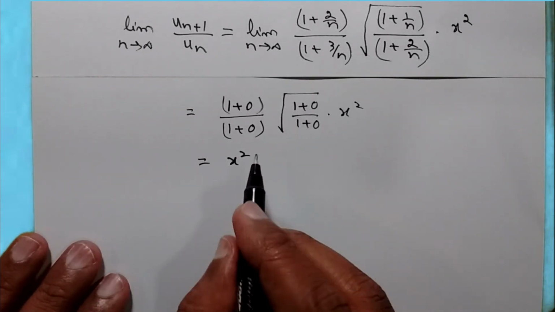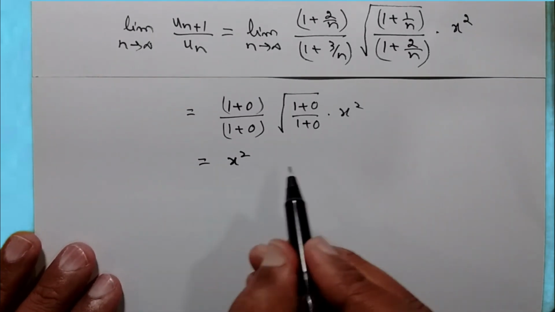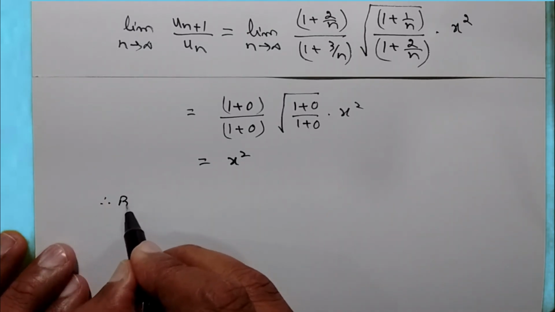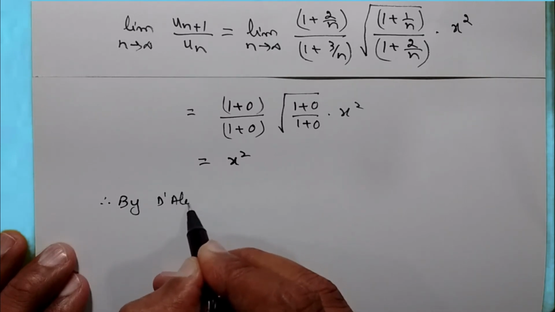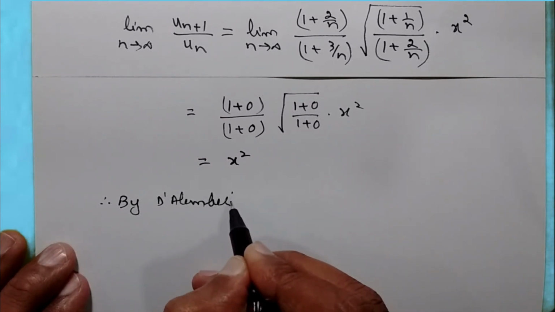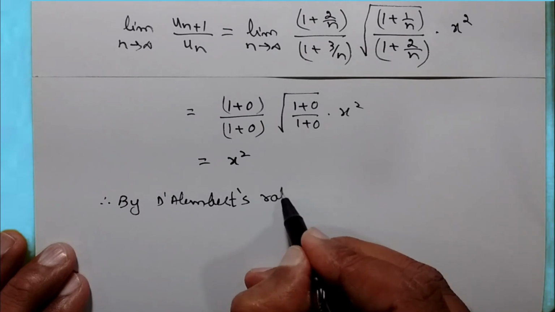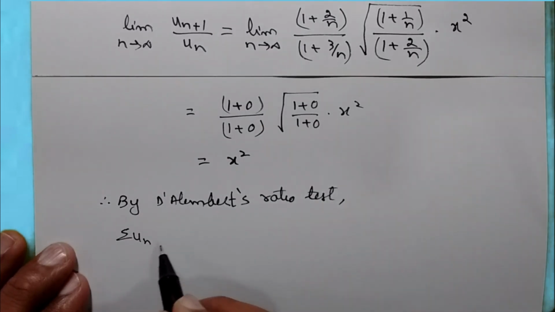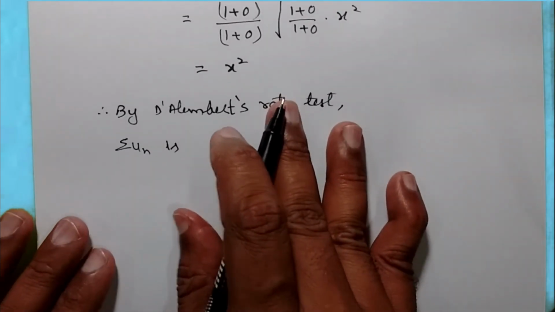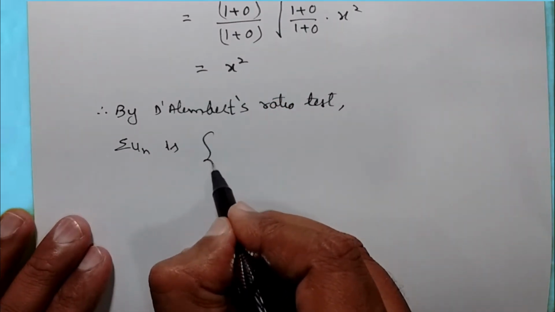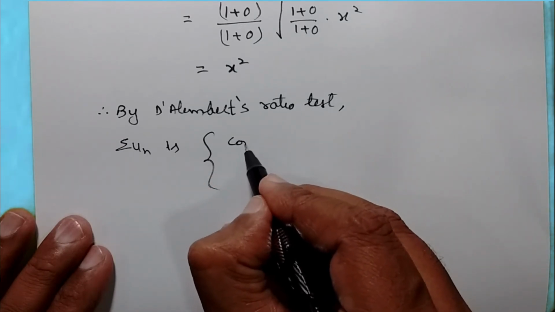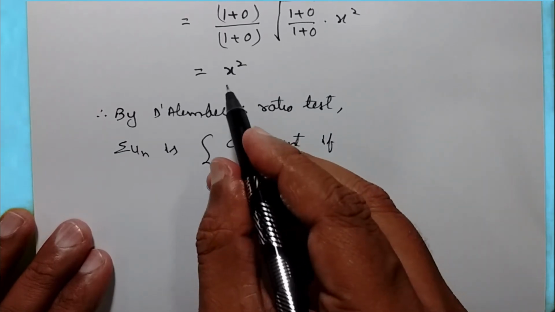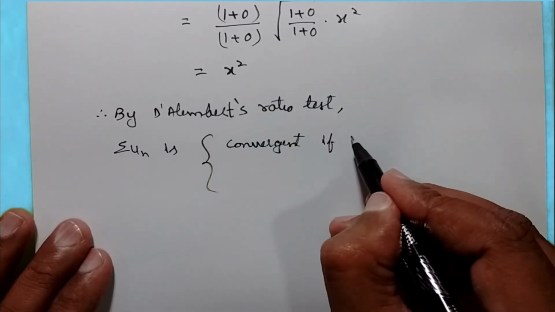Because I have got x square, depending upon the value of x, the given series will be either convergent or divergent. Therefore, you can write by D'Alembert's ratio test, summation of u(n) will be either convergent or divergent. This is convergent when this value of x square is less than 1.